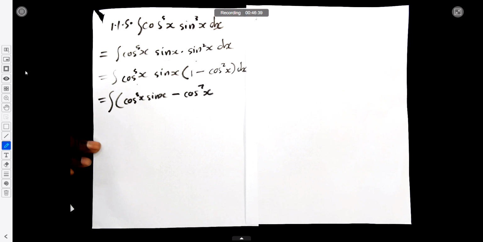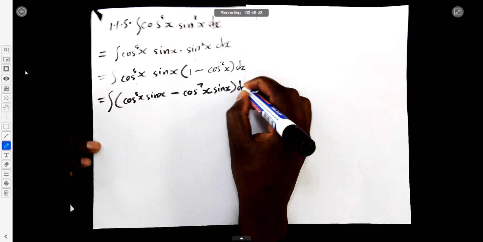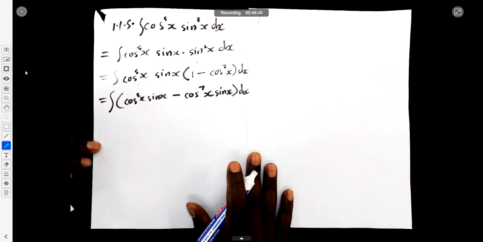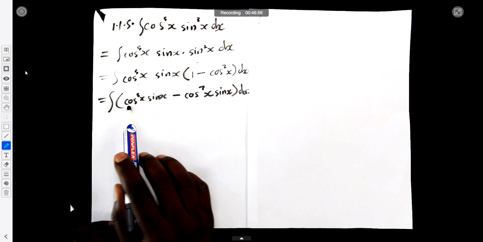We add the exponents if the bases are the same, times the sine x. Therefore, dx, integrate in terms of x. So we have multiplied out the bracket there by cos to the power of 5 sine x.